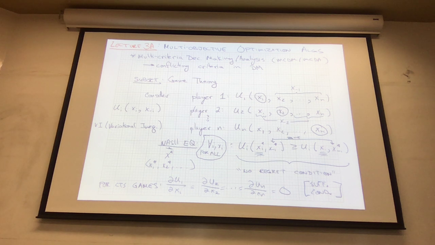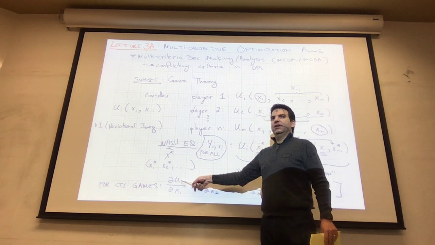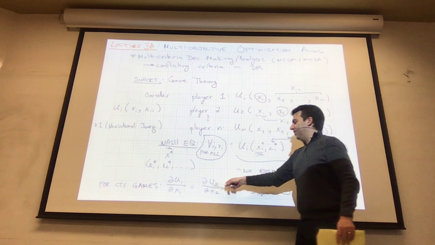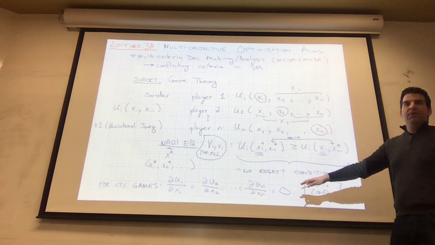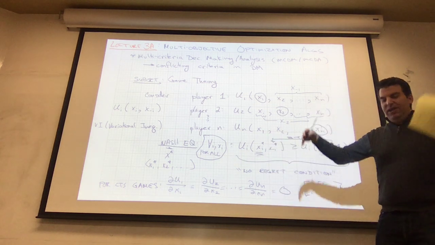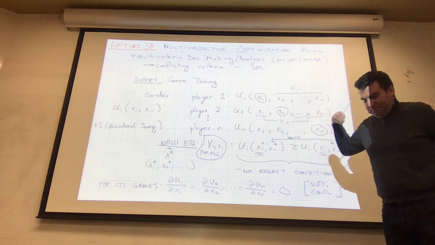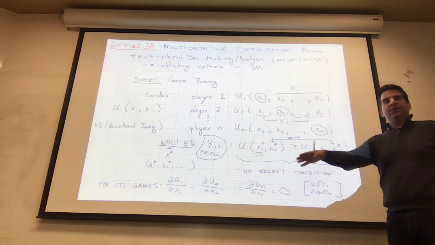So if I was to make everybody's utility functions identical, then this would be the partial derivative of that common utility function with respect to the first variable, partial derivative of that common utility function with the second variable, all of them equal to 0, which would basically mean in my one space, I have one giant hill and I'm sitting at that peak and I look in all directions and I see downwards in all directions.